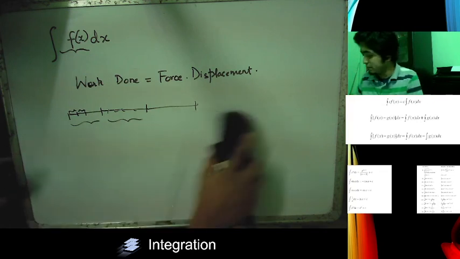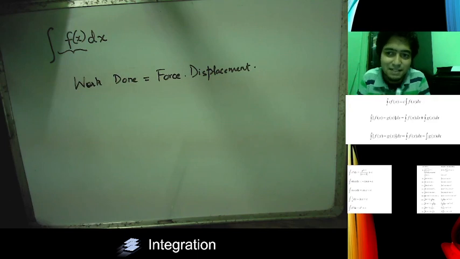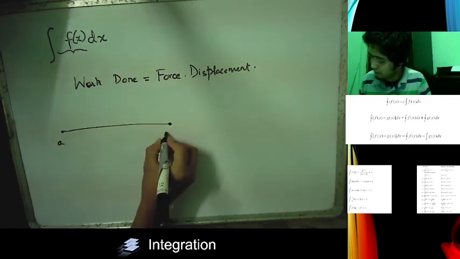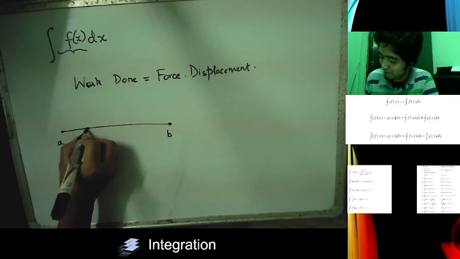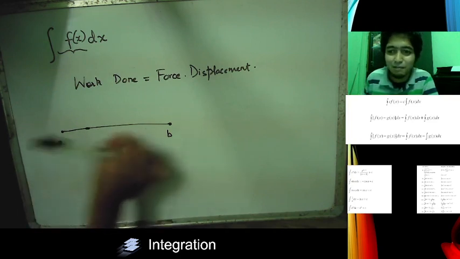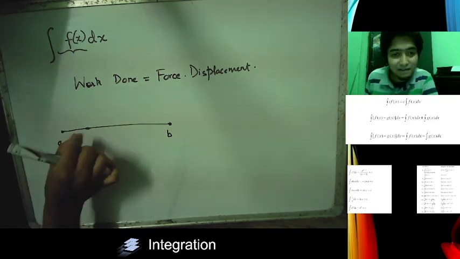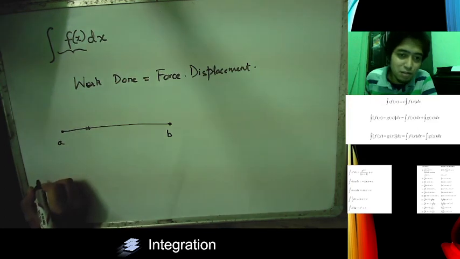What we will do is this. When the force changes continuously throughout from A to B, we can take a very small portion. We can divide this portion AB into very, very small portions.